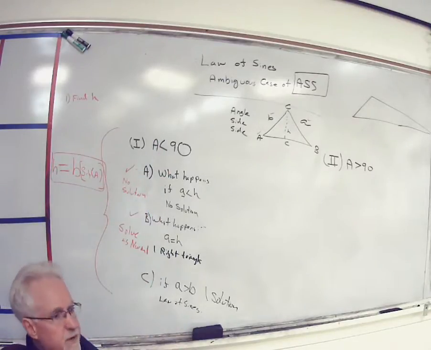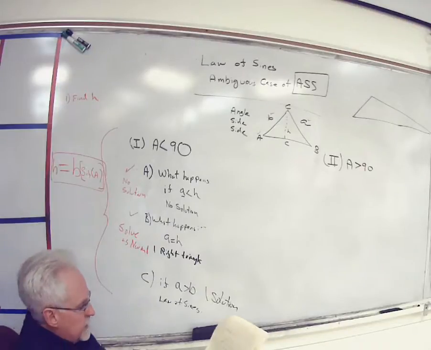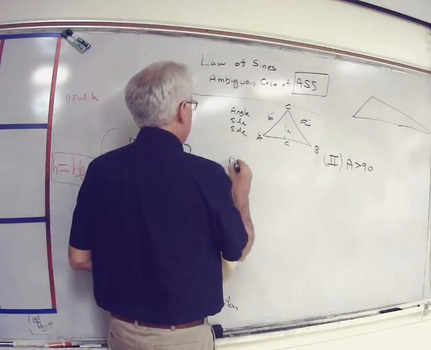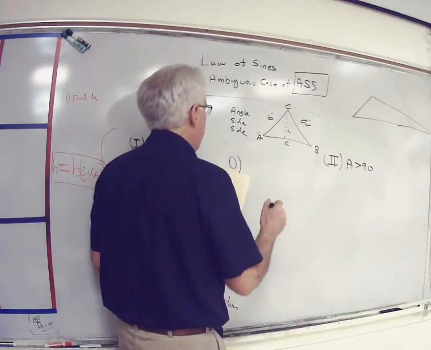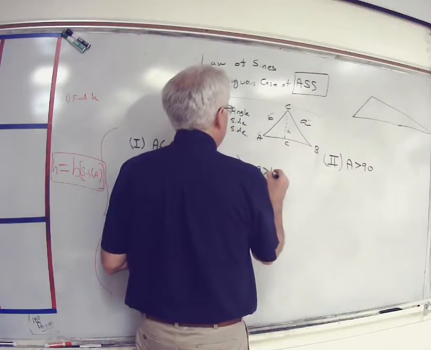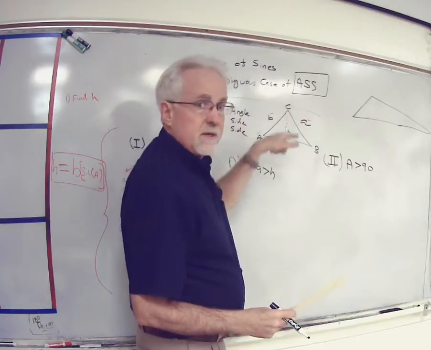So all three of these are the easy ones. But this is the one that is tricky. Number D, the fourth possibility. And that is that A is greater than H.